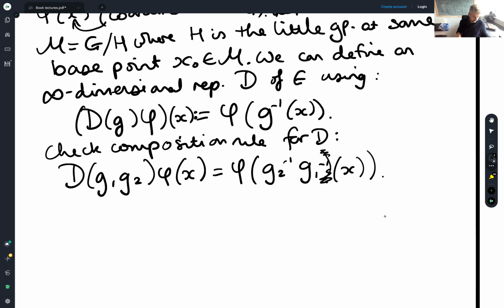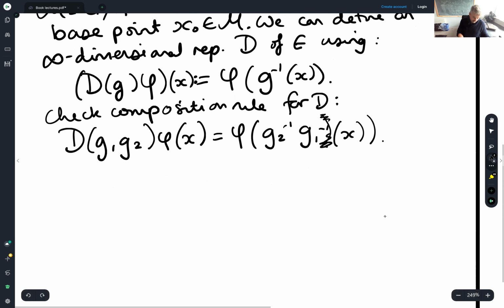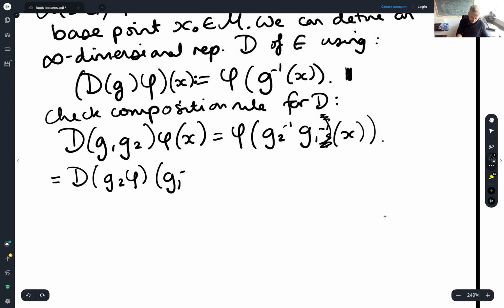All right, so if we apply the rule which is here twice, we have that the left-hand side is equal to D of g2 phi evaluated at g1 to the minus 1 of x.